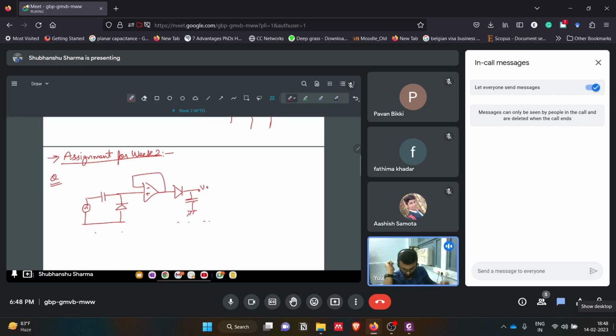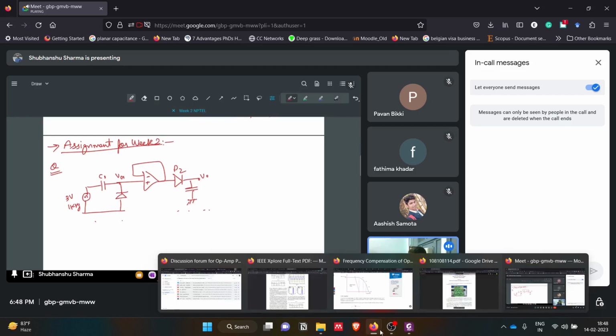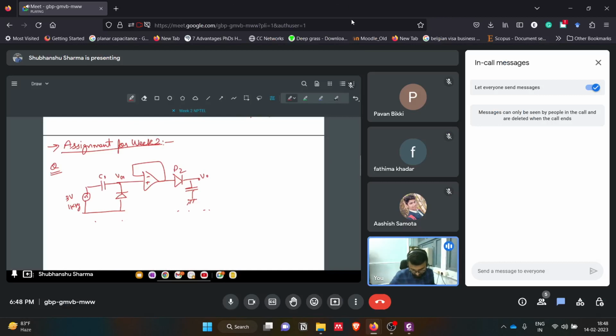A 3 volts, 1 kilohertz signal was there, and let's say this was V naught one, this was C1, and this was D2. What they asked was what the output signal will be and how it will look.